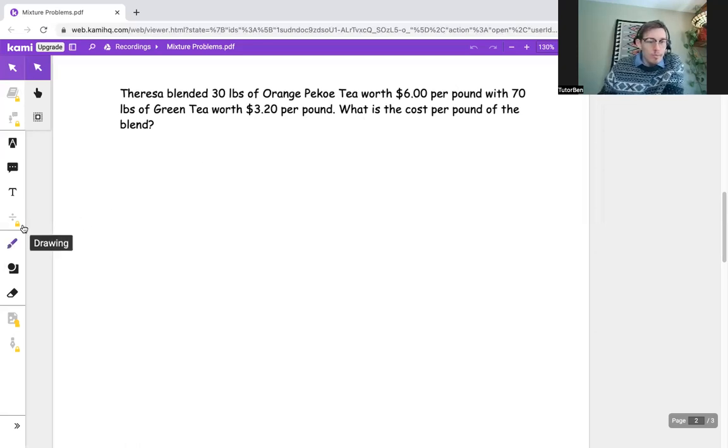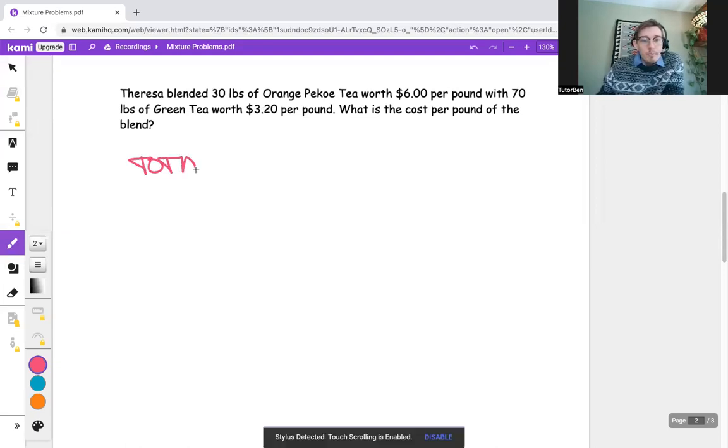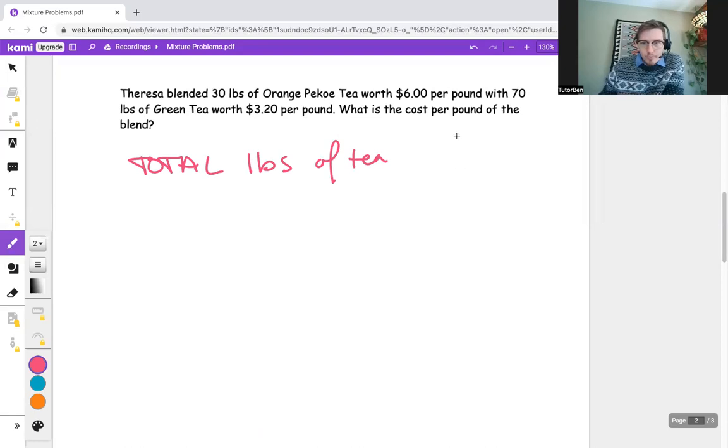So my instinct here is I want to figure out first what my total pounds of tea are. That's pretty straightforward. My total pounds is the 30 pounds of orange plus the 70 pounds of green.